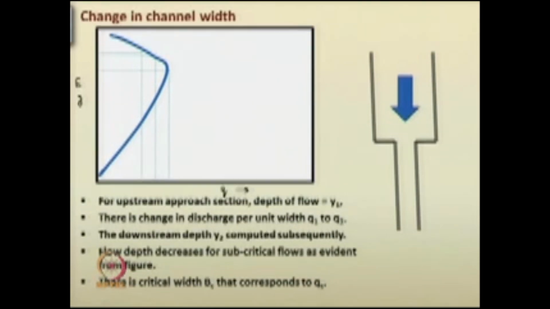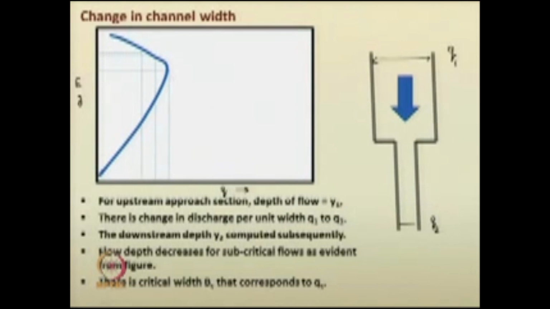So, for a given specific energy, you have been provided the depth of flow. Say the width here is b. The discharge per unit width at this section is q1, at this section it is q2, right.